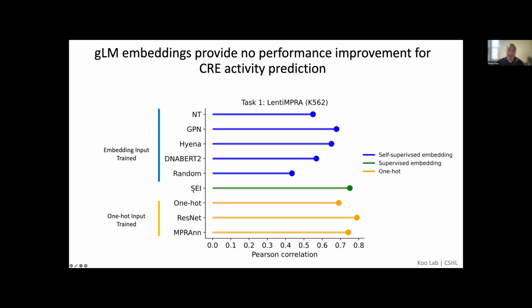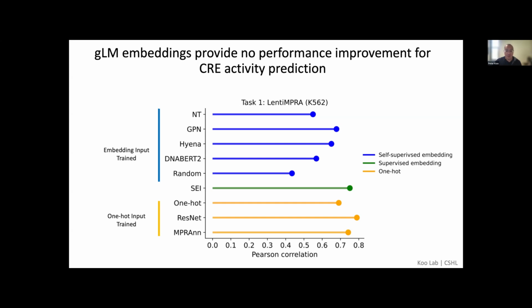This is a multitask supervised model trained on over 20,000 chromatin profiling datasets across more than 1,300 cell lines and tissues. For consistency, we treated SAY like the gLM embeddings, extracting embeddings from the penultimate layer and feeding them into the same downstream CNN. And all models, whether they're based on embeddings or one-hot sequences, shared the same CNN architecture.